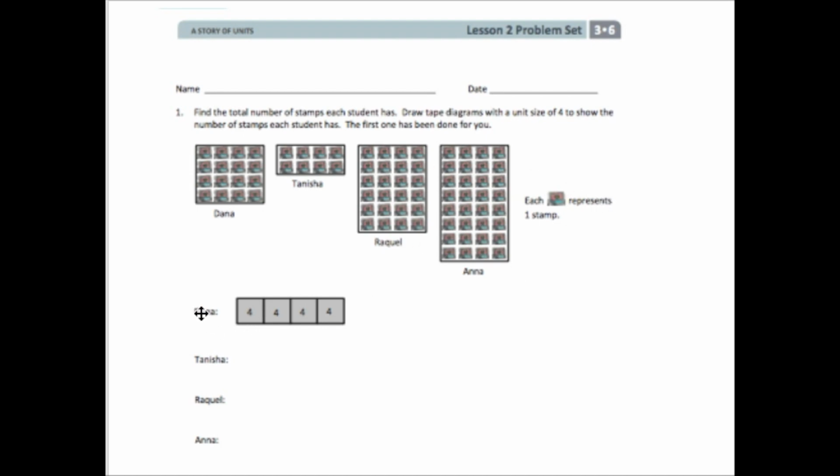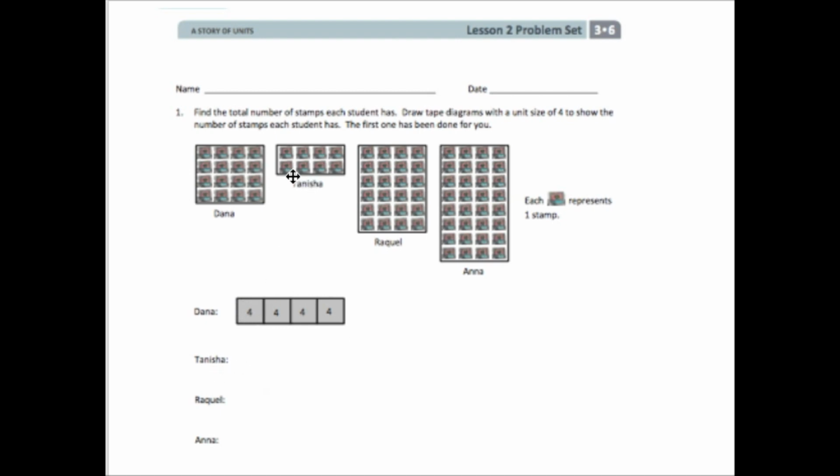If we look at Dana, we have a tape diagram with 4 units with 4 each. That's because it's been told to us that each unit is going to equal 4. When I look at Dana, I see 4 rows, I see 4 columns, so it makes sense. I have 1, 2, 3, 4 units with the value of 4 in each.